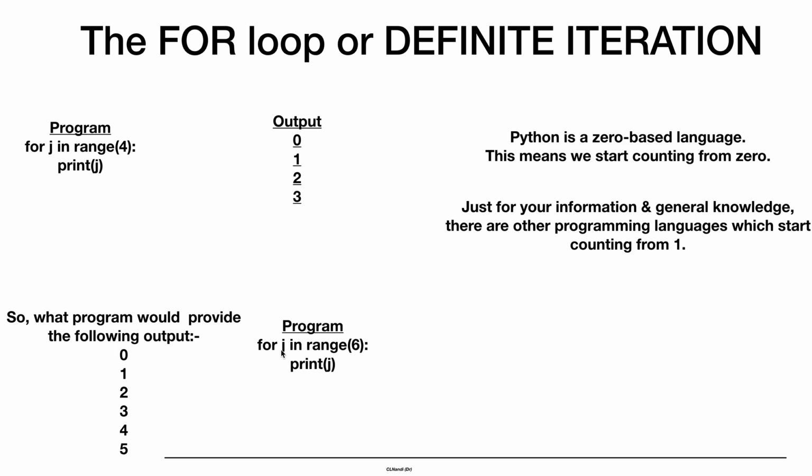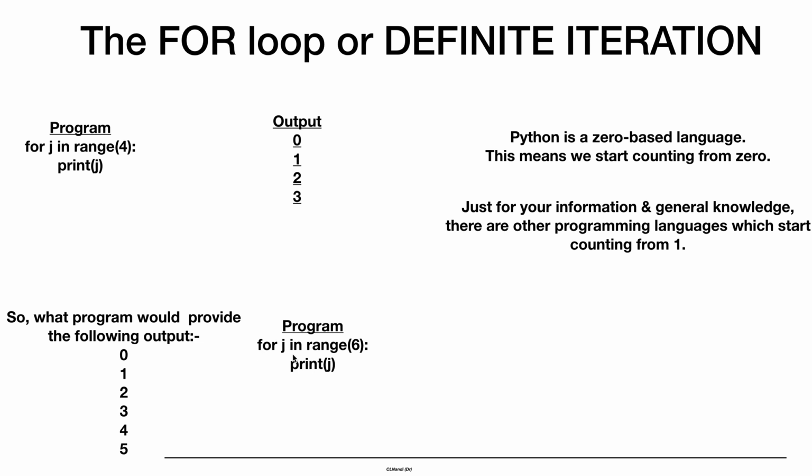So the first value of j is 0. It prints j, prints 0. The second value of j is 1. It prints 1. Go round again. The third value of j is 2. It prints 2. The fourth value of j is 3. It prints 3.